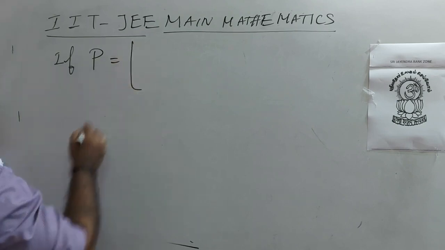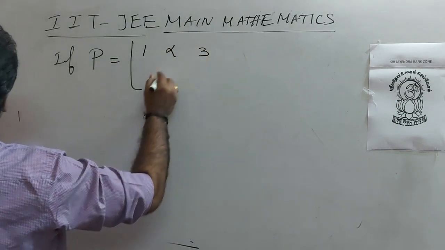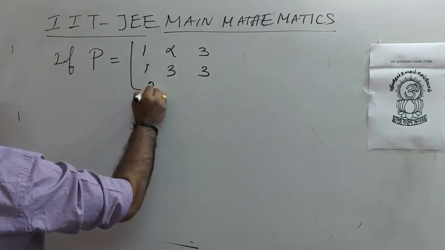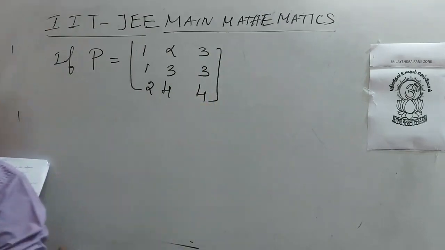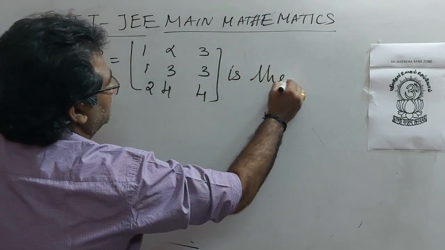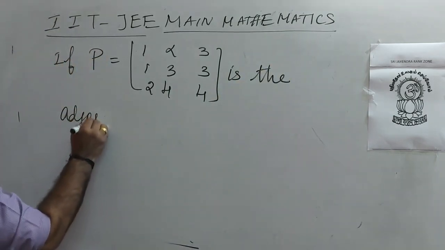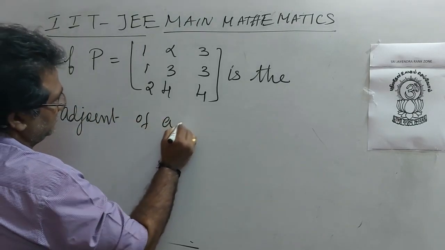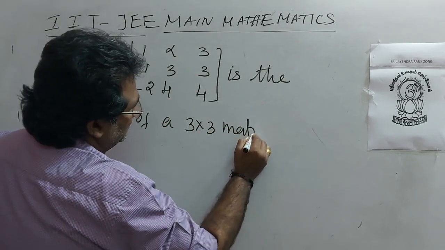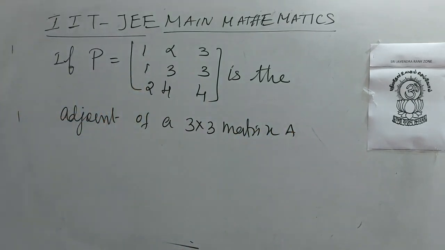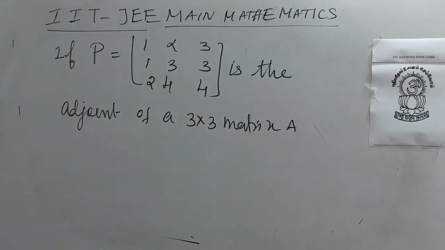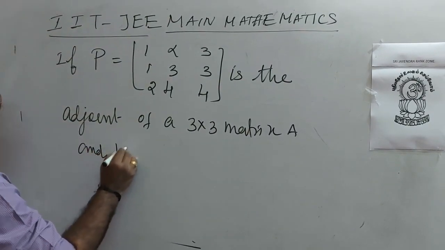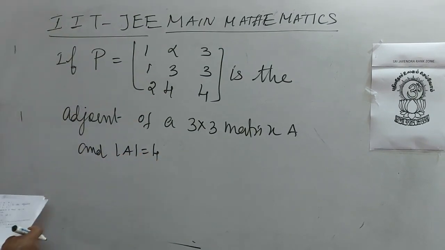The matrix P equal to 1 alpha 3, 1 3 3, 2 4 4 is the adjoint of a 3 by 3 matrix A, and determinant A equal to 4.